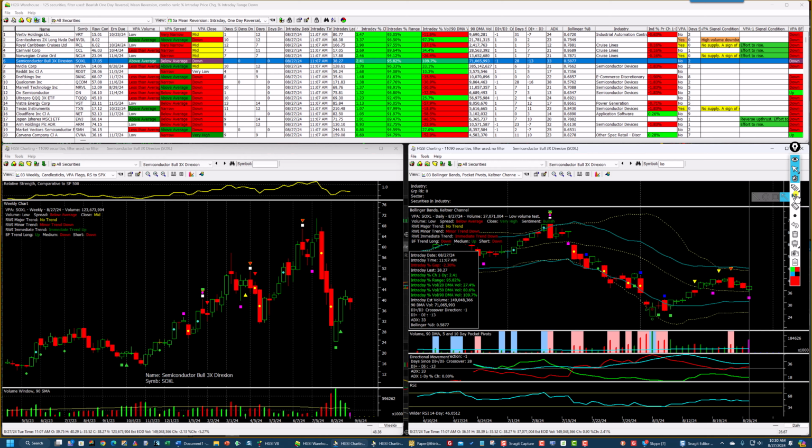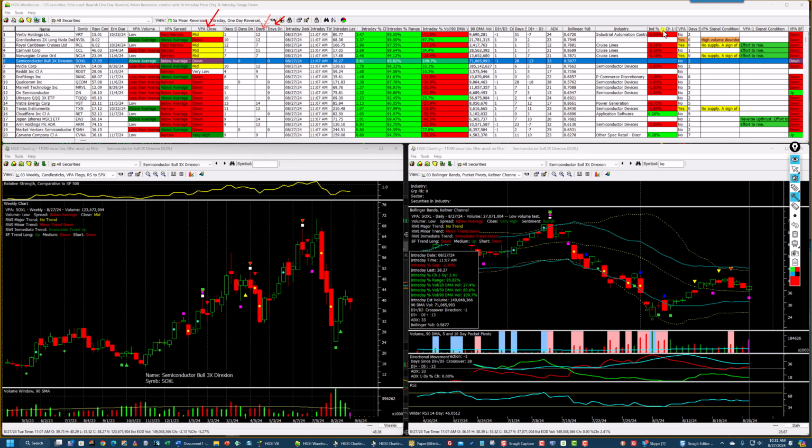Now you can get a lot of information out of these screens. You can get the DI plus, DI minus crossover, the days since, how far apart they are, the DI lines, and the trend and the percent B, and then over here, of course, the 3-6 crossovers, both up and down, and the VPOC crossovers, and also the VPA close.